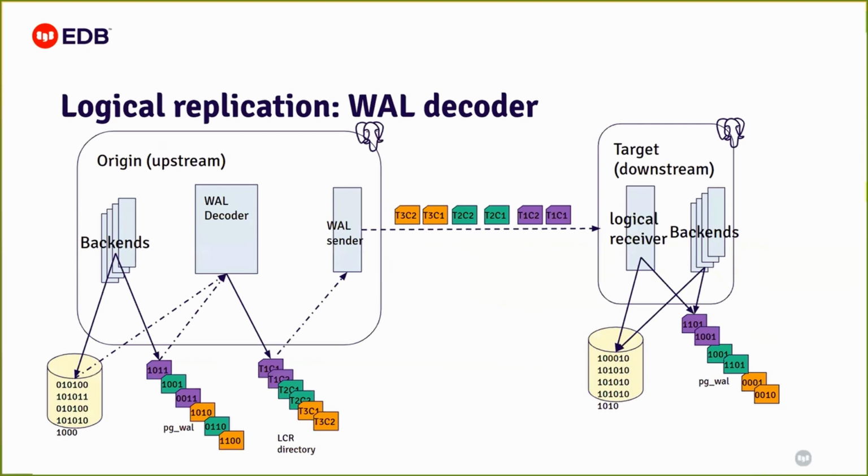So in a system where we have WAL decoder enabled, the logical replication architecture looks slightly different. You will see that there is an extra component here, WAL decoder, which is reading WAL and writing LCRs. And now WAL sender actually becomes a very thin process that just reads LCRs and sends them downstream.